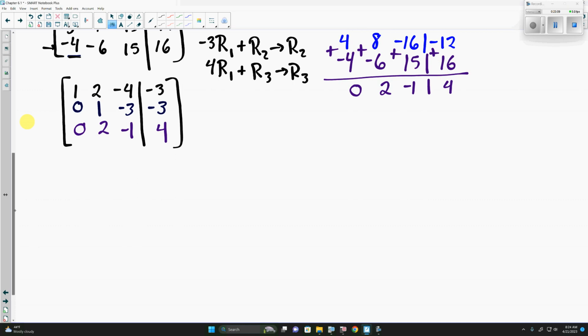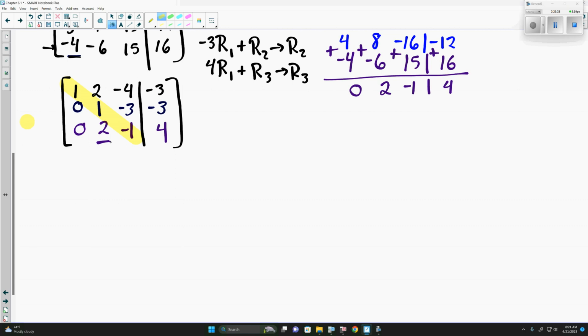So, looking at this here, get the highlighter back out. Again, our main goal is to get this to be a diagonal of 1s, and everything below that line is 0. We almost have that, yes? Because the only thing that we have left that's not 0 is this 2.